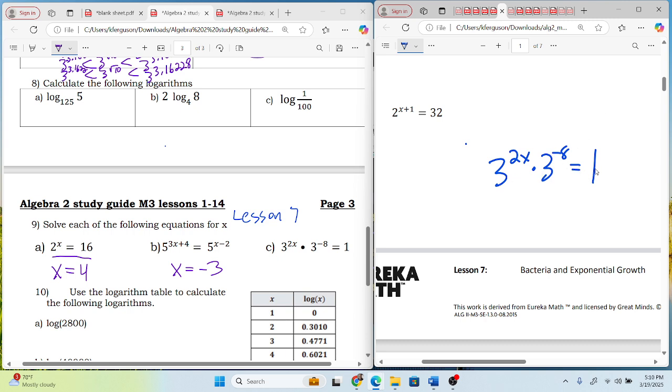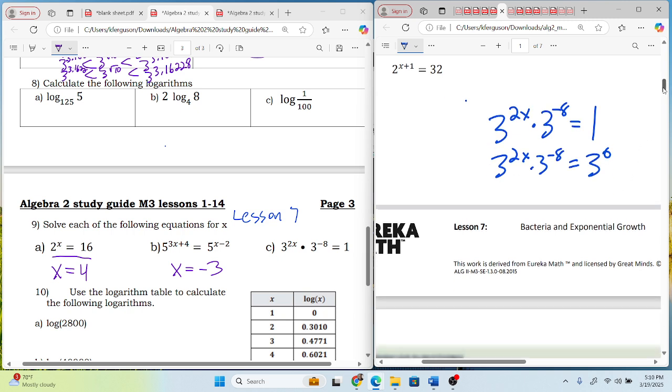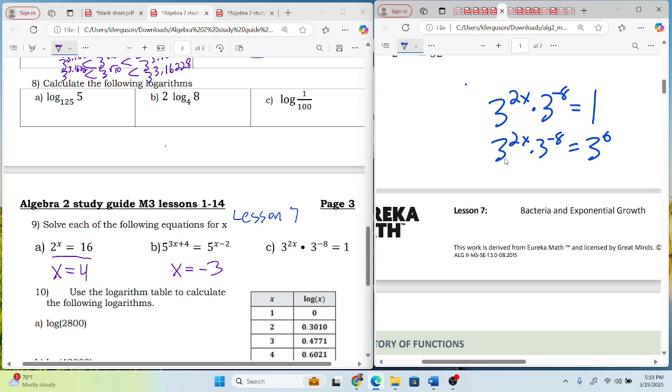Well, here's the rub to make it easy on you. Anything to the 0 power is 1, which includes 3 to the 0 power. Now all of my bases are the same. So now these two things are being multiplied, right?